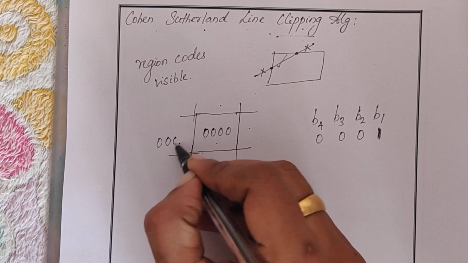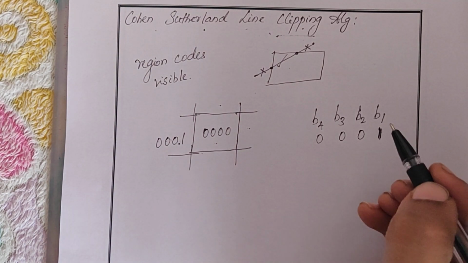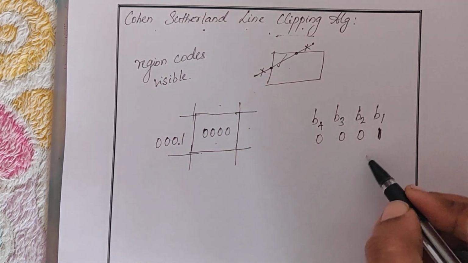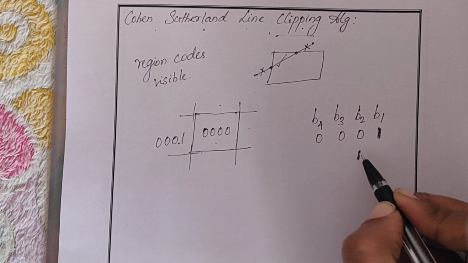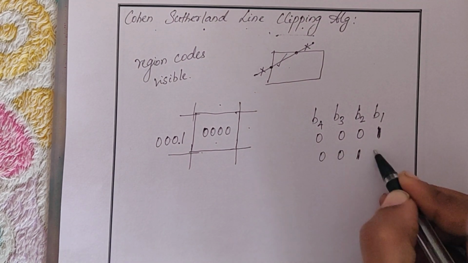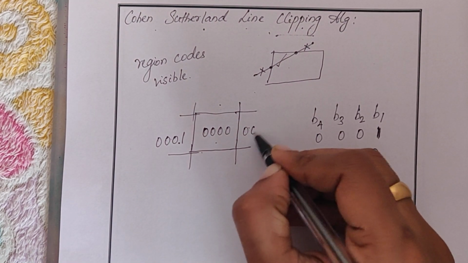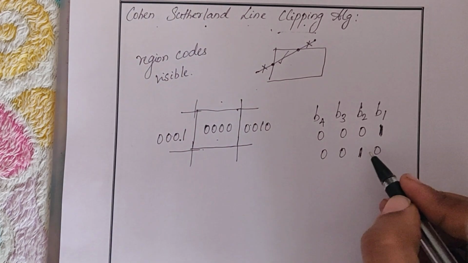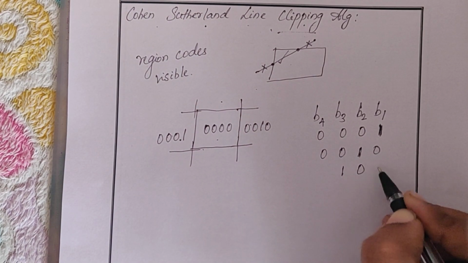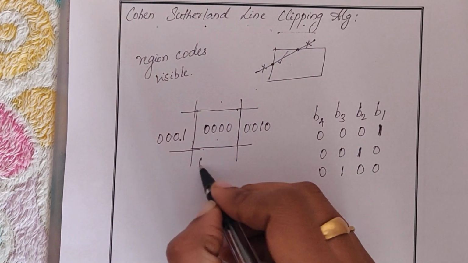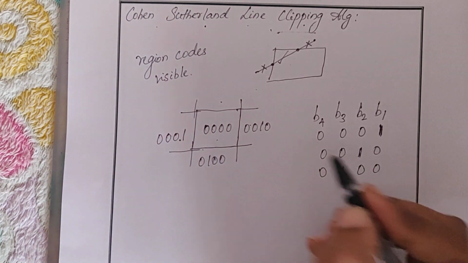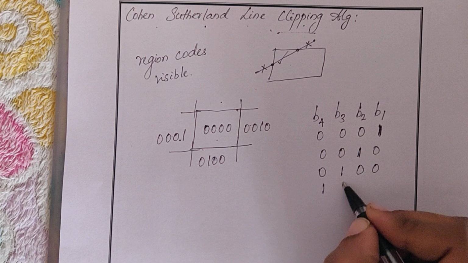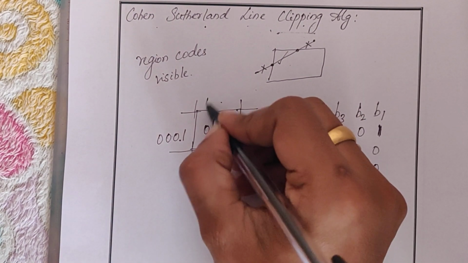So the region code will be 0001. To find the right region code, I make bit 2 as 1, remaining will be 0, so it will be 0010. To find the bottom region code, bit 3 will be 1, remaining will be 0, so it is 0100. To find the top region code, bit 4 will be 1, remaining will be 0.